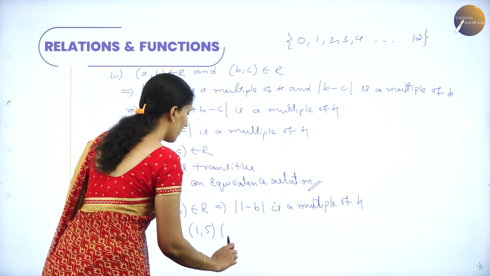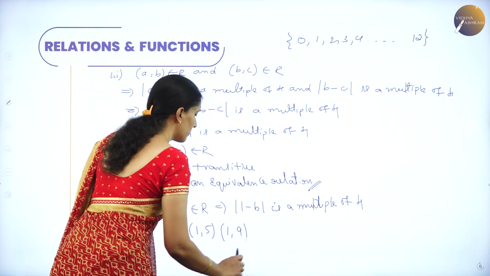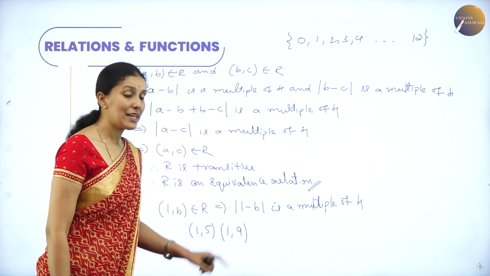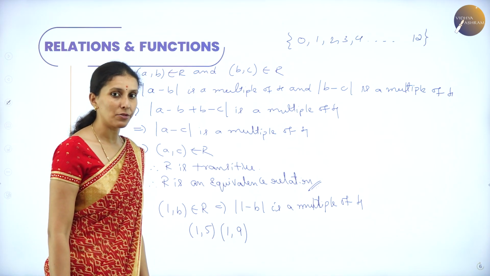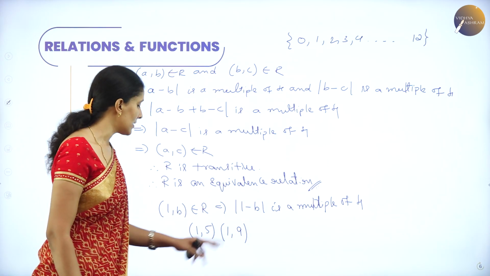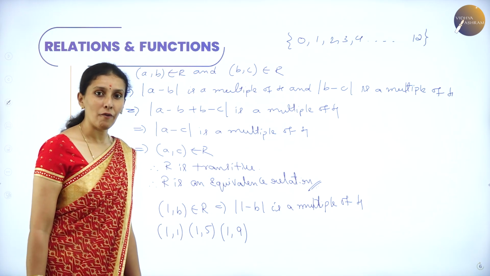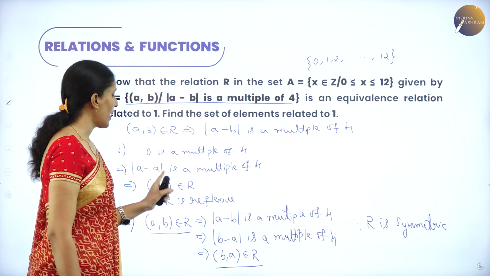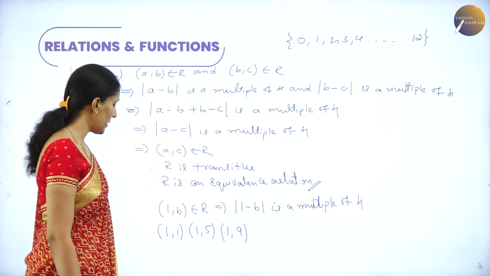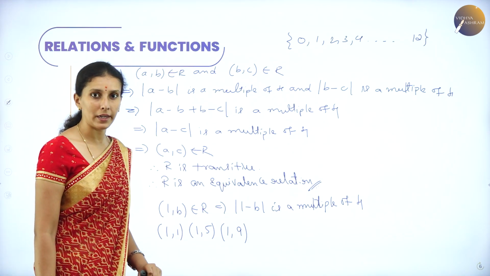Next I can pair 1, 9. So 1, 9, because 1 minus 9 is minus 8, modulus of 8 is 8, a multiple of 4. Along with this I can also write 1, 1, because we have already proved that A minus A is a multiple of 4. That means 1 minus 1 is also a multiple of 4.